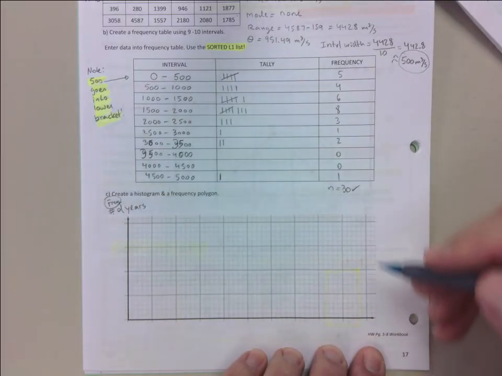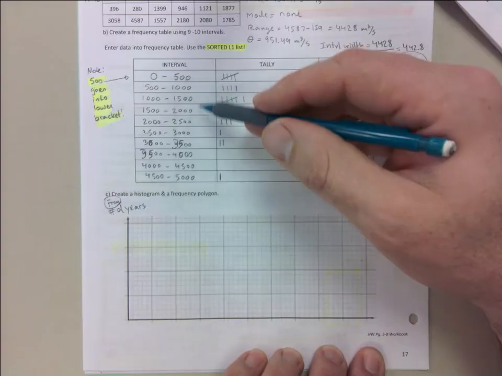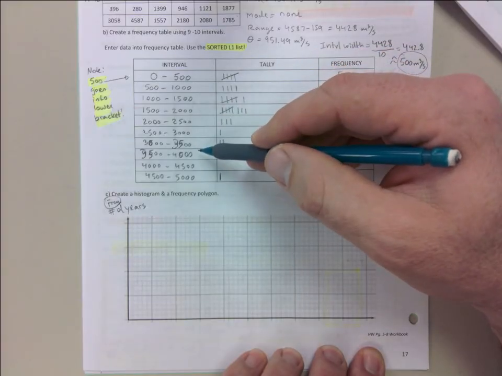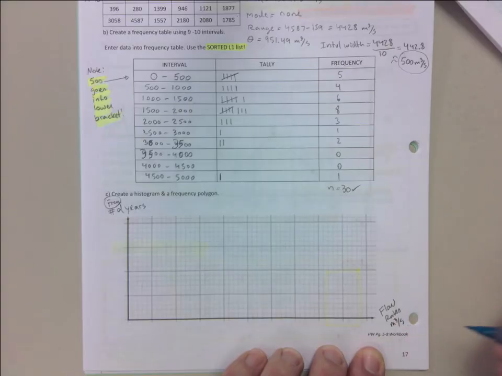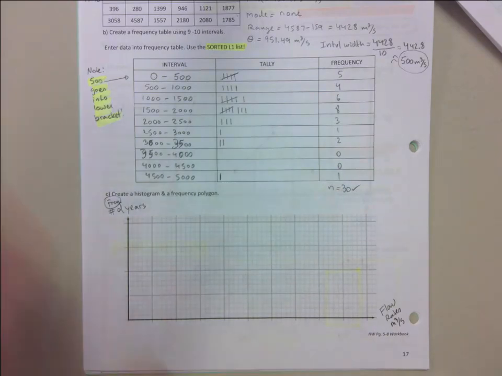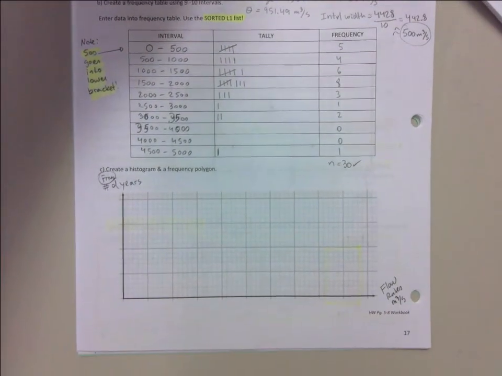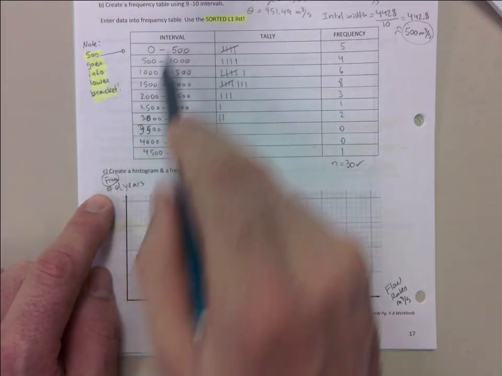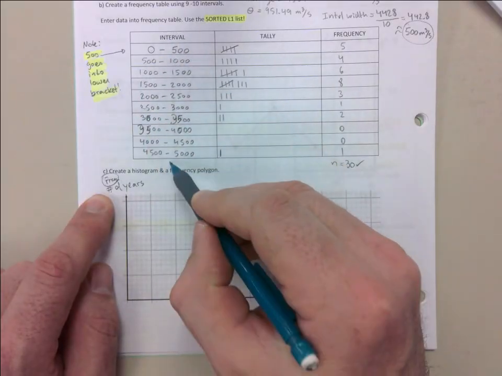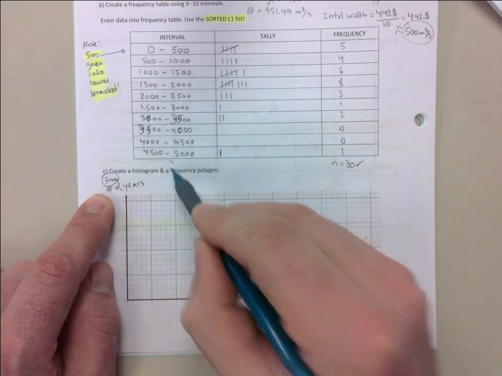Along the x-axis, we have the flow rates, meters cubed per second. Sorry, it's hard to see probably. Flow rates, number of years, always. This goes into your x, and this goes into your y.